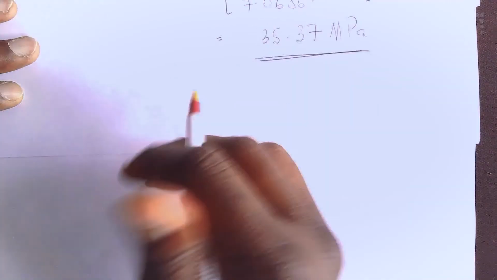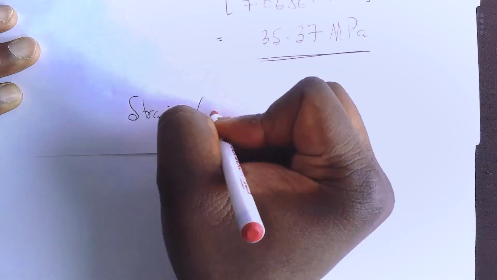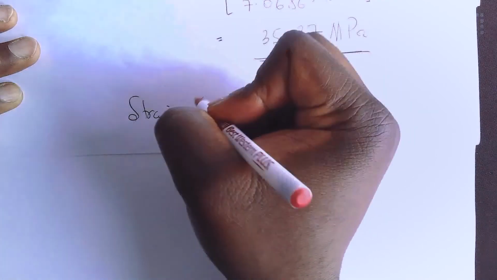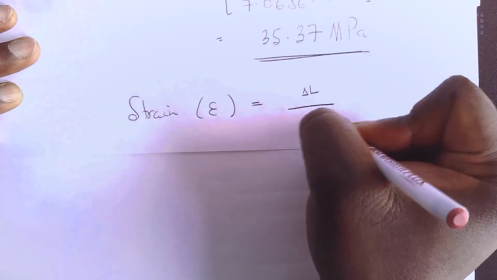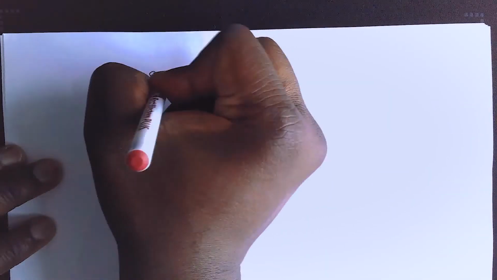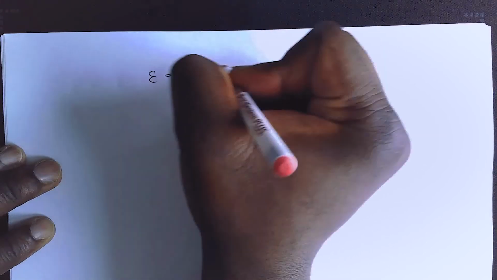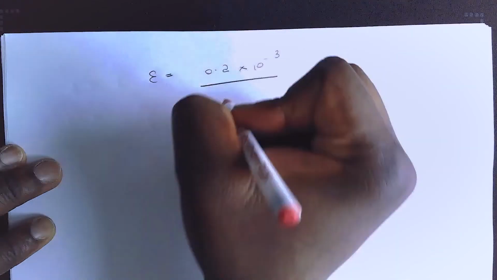The next part is to work out the strain. So strain, epsilon, is equal to delta L over L naught. So this would be equal to 0.2 times 10 to the power minus 3 divided by 0.3.